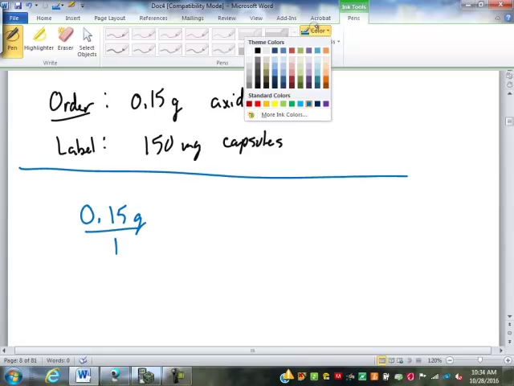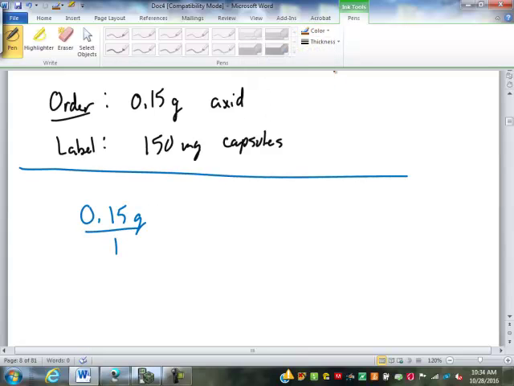Put it over 1. This one we run into an issue: the units in our doctor's orders do not match up with any of the units on the label. But can we convert the order, the grams, to one of the units on the label? And we can. We can convert grams into milligrams. Now, since it's metric, we don't really have to go through a conversion factor.